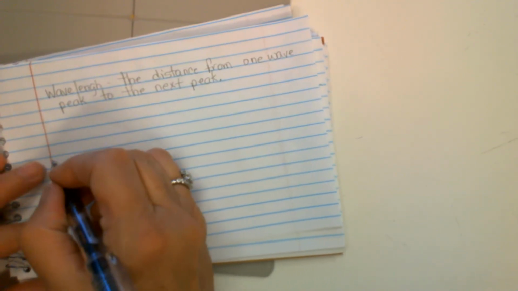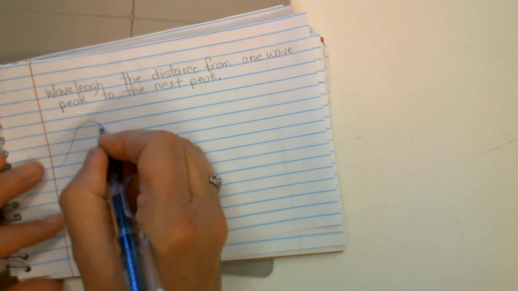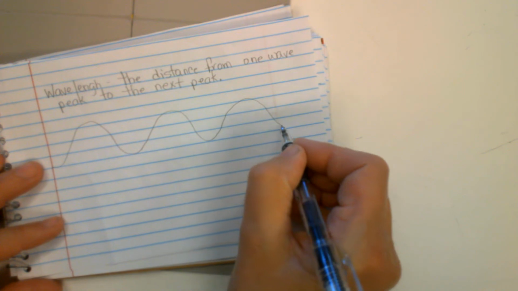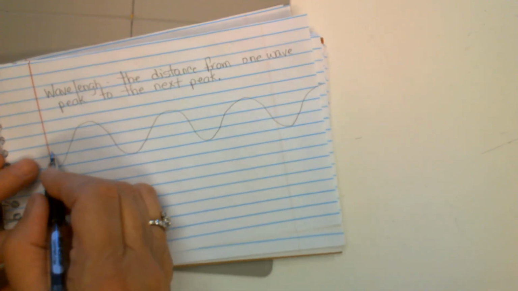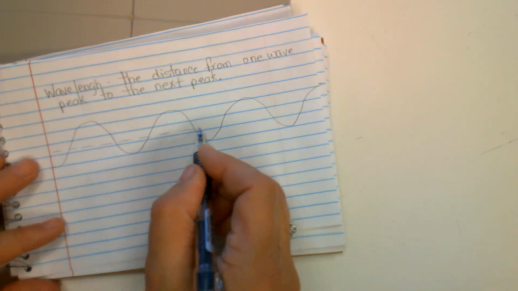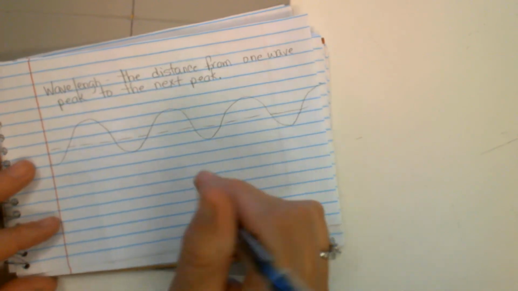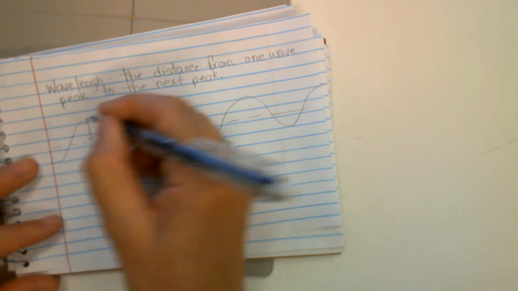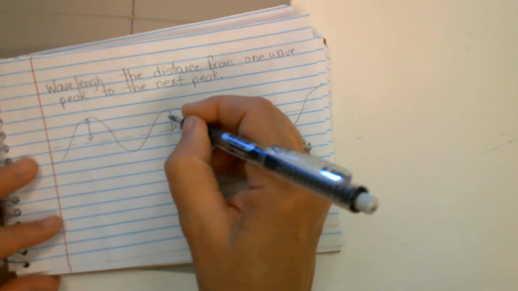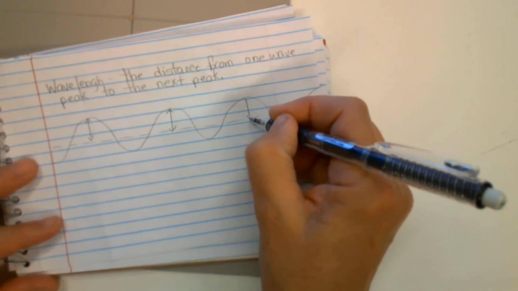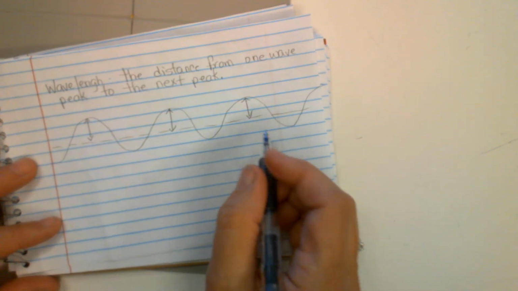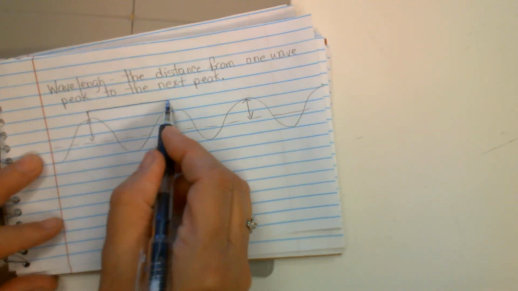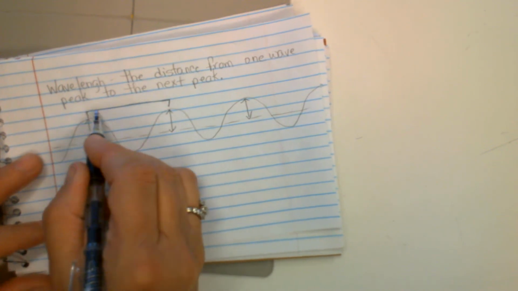So we're going to draw our beautiful little wave again, trying to make it the same size. Try to make all the waves the same size. We're going to draw our center line. Okay, and so we know that this is the amplitude right here from the middle line to the peak. But a wavelength, if we had to describe it, would be from here to here.